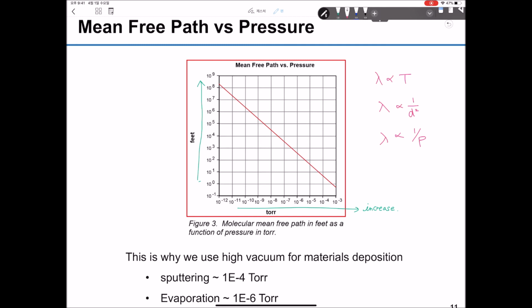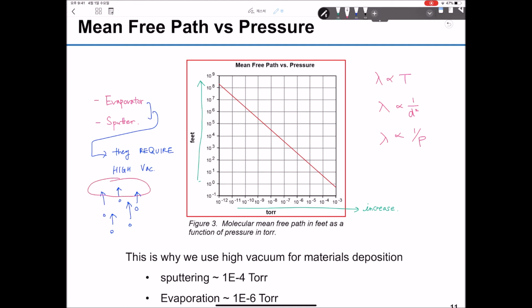I believe some of you are using an evaporator, or some of you are using a sputter. And the common thing about these two tools is that they require high vacuum. This is because the metal or deposition material molecules have to travel long enough to make an encounter with your target substrate or wafer.